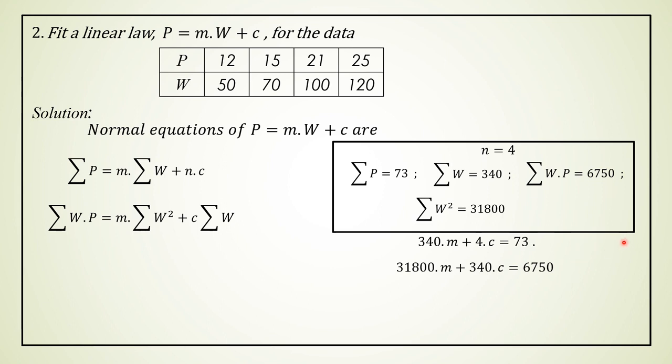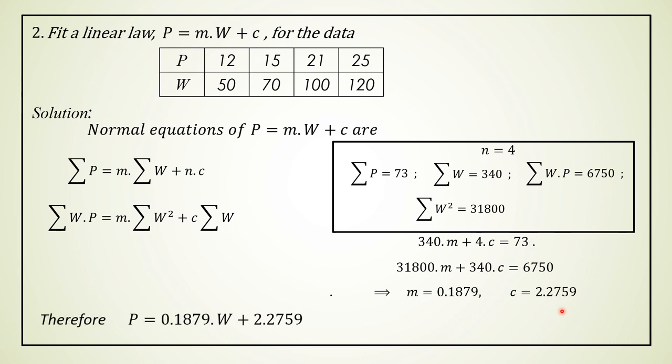Solve these two equations so that you are going to get the value of m to be 0.1879 and the value of c is 2.2759. So just substitute the value of m and c in the equation.